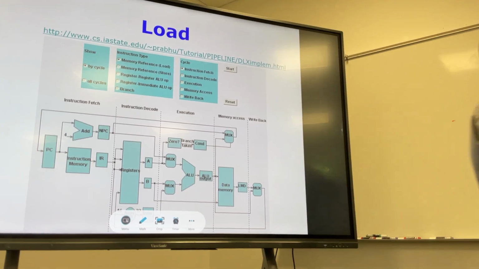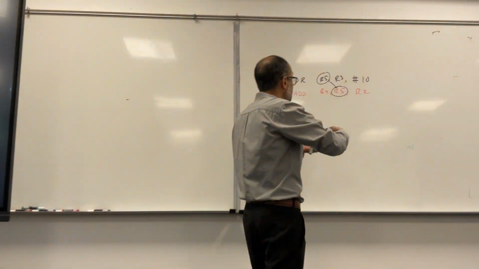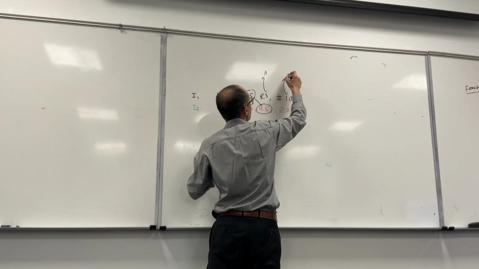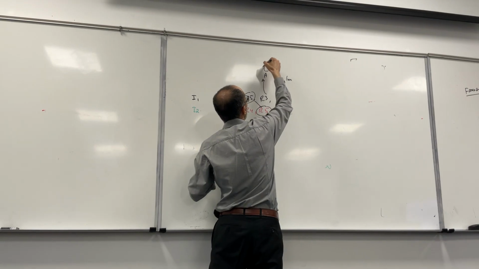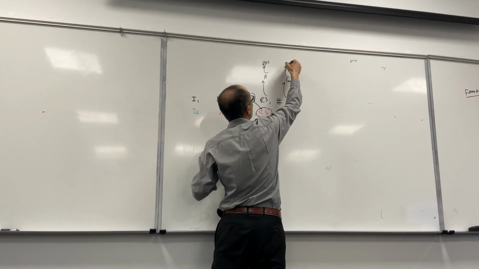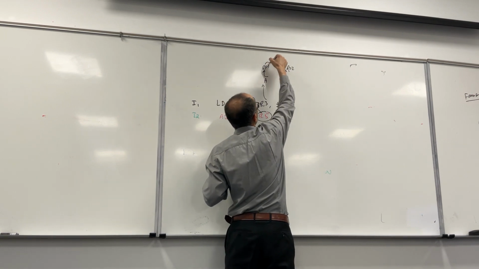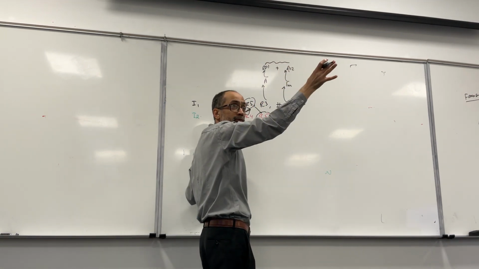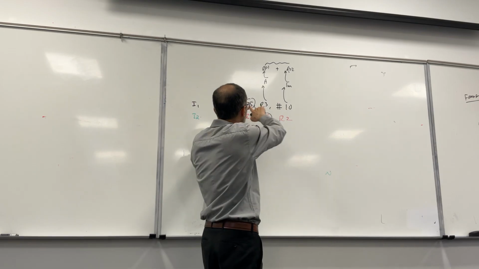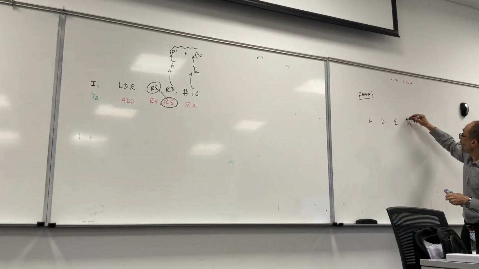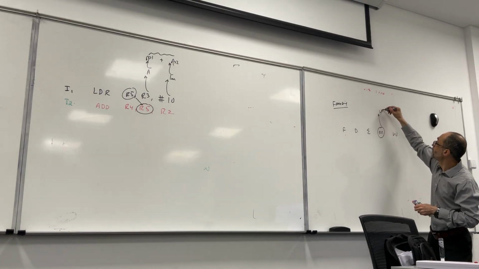This value of R3 will go to A, the immediate will go to B, and the result will go to ALU out 1 and then MAR. But the value of R5 will be available to us in clock cycle 4 and it will be loaded into LMD. Am I right or not?